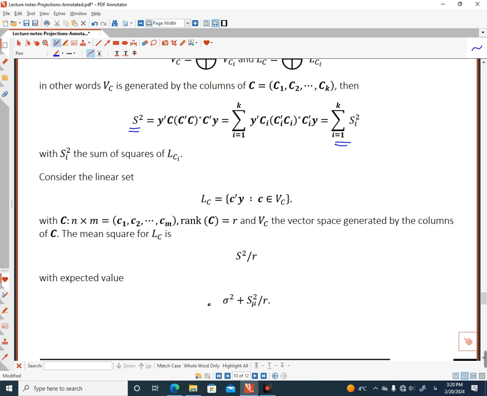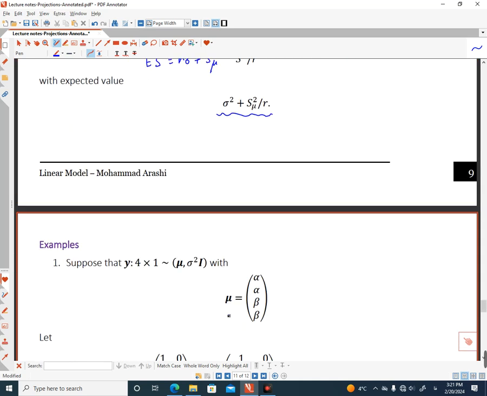And the expected value, if you remember, the expected value of S squared was equal to R sigma squared plus the expected value of B times Y. If we divide it by R, we can simply get this expression. So you will see that in general, if S squared sub mu is equal to 0, then the mean square is equal to sigma squared.